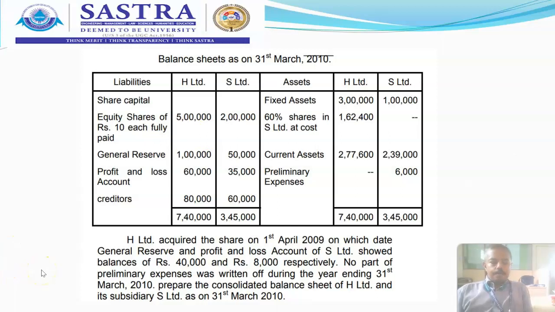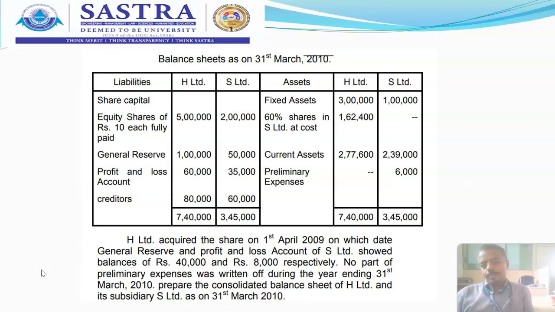So now we will step into the calculation of revenue profits of the subsidiary company, which means the profits earned after the acquisition of shares. Sir, the profit is already stated in the balance sheet itself. Yes, but that is accumulated profit, not the profit of this particular current year.